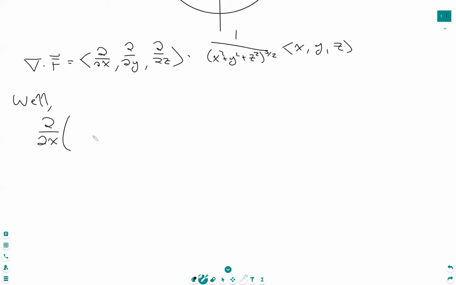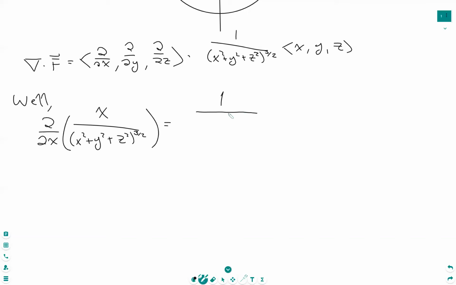The x derivative of x over x squared plus y squared plus z squared to the 3/2 is equal to, we have to do a product rule here. So I'm going to think about it as x and 1 over this guy here. Instead of doing a quotient rule, I can do it like a product rule.